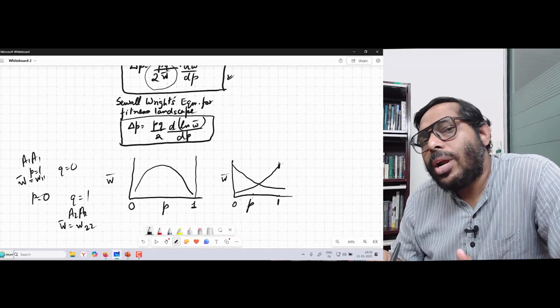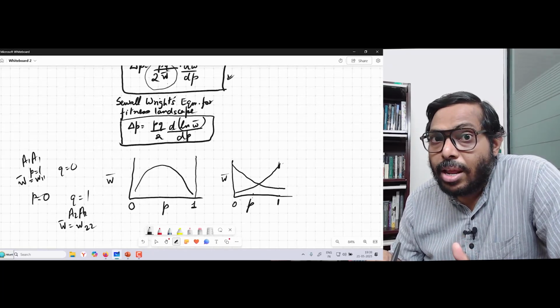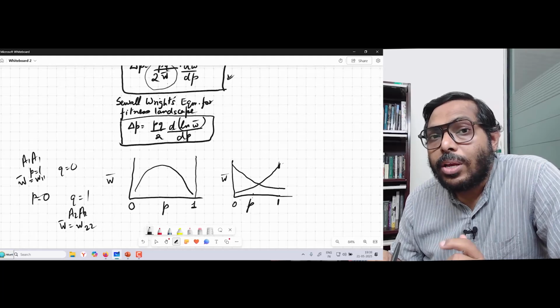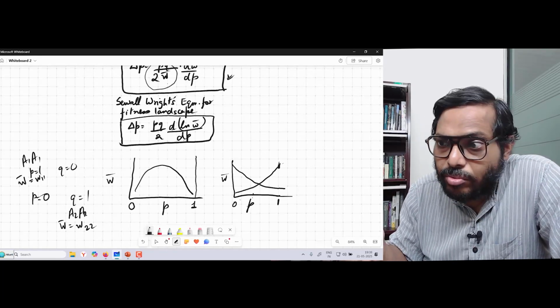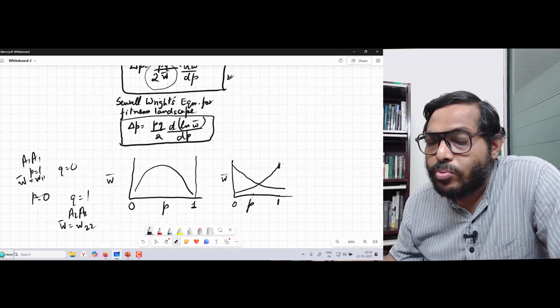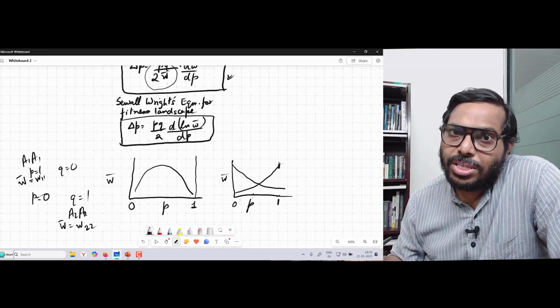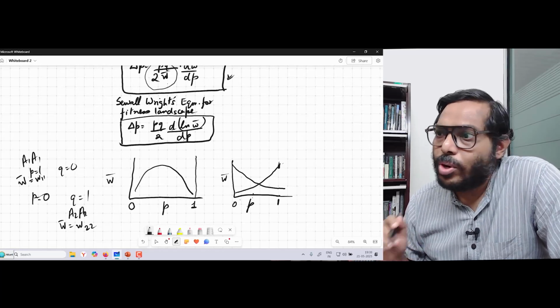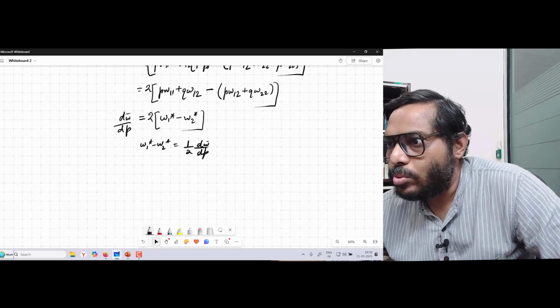We saw that for many cases, the allele frequencies were either going to 0 or going to 1, depending on who had a higher fitness. However, we did end up seeing certain situations wherein the allele frequency was going to an equilibrium at an intermediate value of P, in other words, some P which was between 0 and 1. So, at these positions, dW bar/dP is going to be equal to 0.